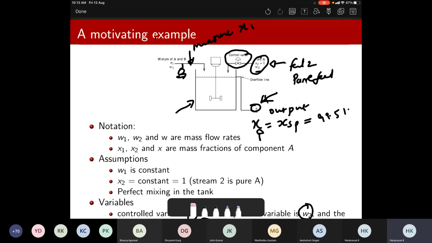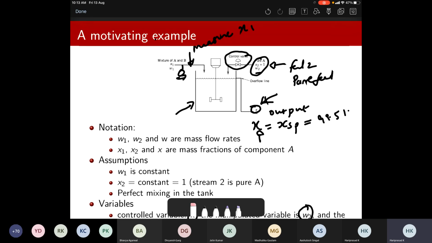Let's say you are a plant in charge. You figured out that this x, which is the outlet composition, is varying with respect to time. Because for any product that is sent out of a manufacturing facility, somebody will have to do a quality check. In that quality check, there is a lot of variability. So you, as the in-charge, an entrepreneur, an engineer, decided to do a check.